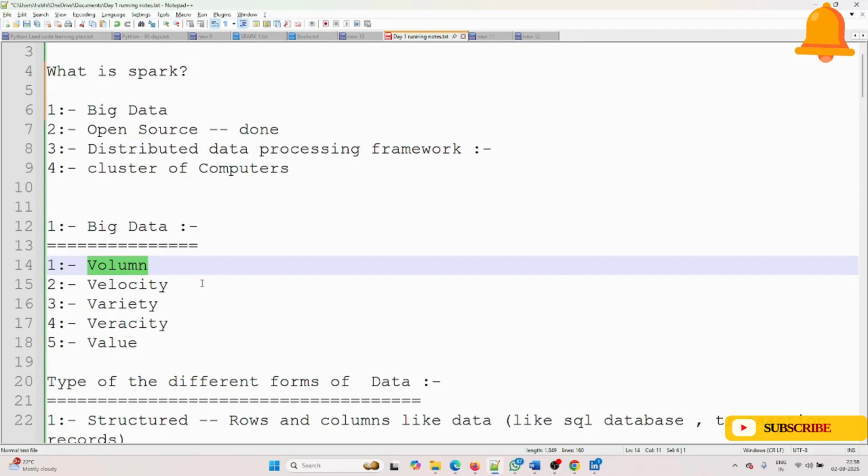Suppose I'm using social media like LinkedIn, Facebook, Instagram, Twitter. Every second on Twitter, 6,000 tweets are happening. On Instagram, millions of likes and comments are happening. So the platform must process this instantly to show trending topics.